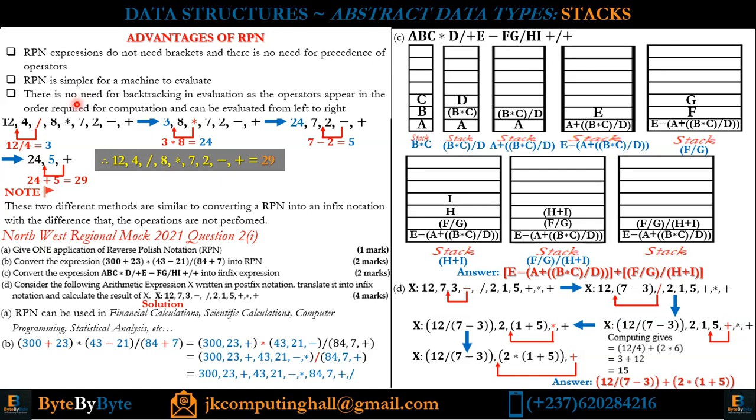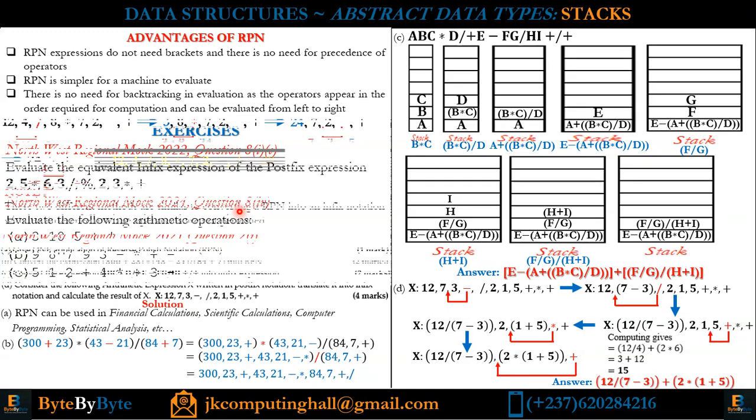The last one, the least but not the last, because there are other advantages: there is no need for backtracking in evaluation, as the operators appear in the order required for computation and can be evaluated from left to right. Perfect. So there is no need for backtracking, meaning that we are not going to look at whether we are doing this before this. No. We evaluate as the operators are coming.